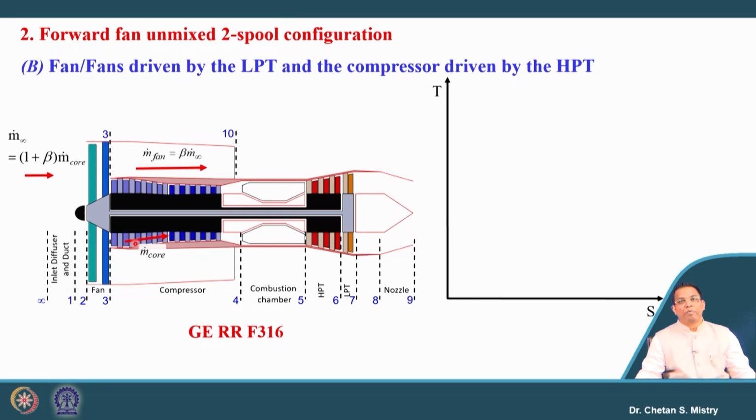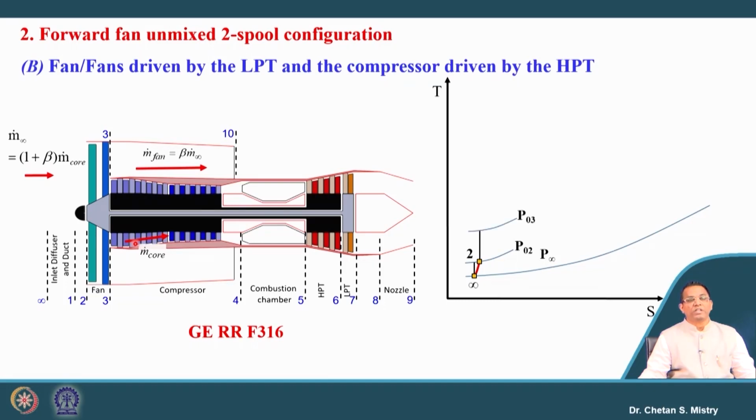Okay. Can you plot the TS diagram for this cycle? Let us look at how your TS diagram will look. Here we have our entry pressure. The very first component we have is our intake. This represents the actual process.